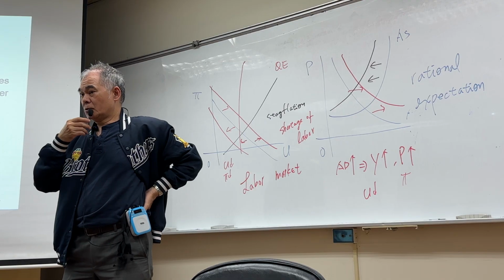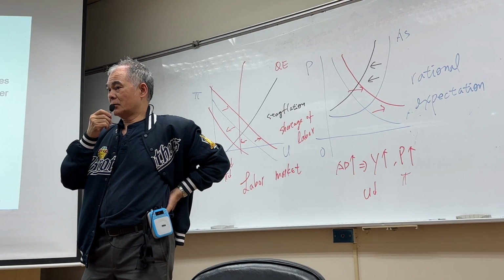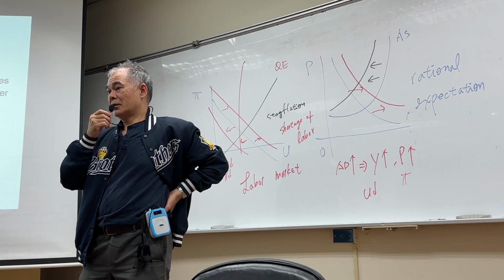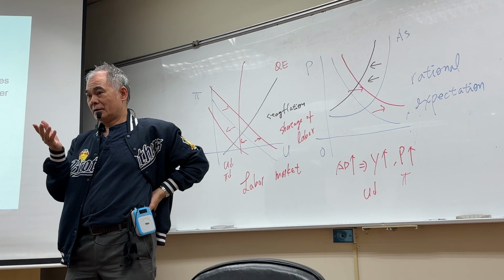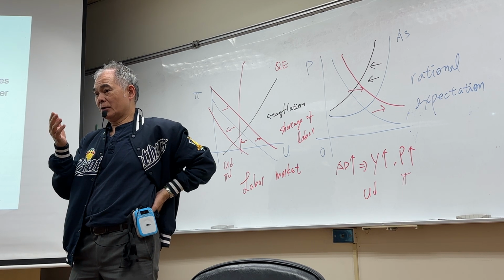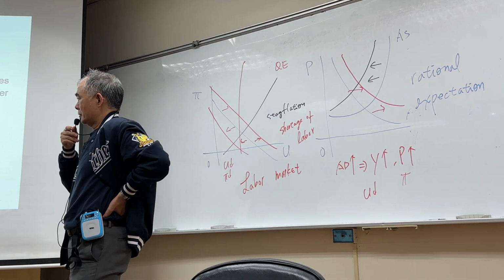It used to be that there's a negative relationship between inflation and unemployment. But when you look at 1973-74, when there was the oil crisis, the energy crisis, the whole thing changes.